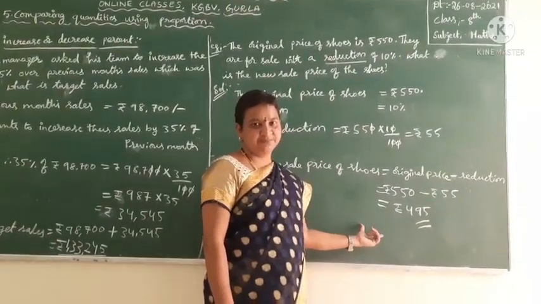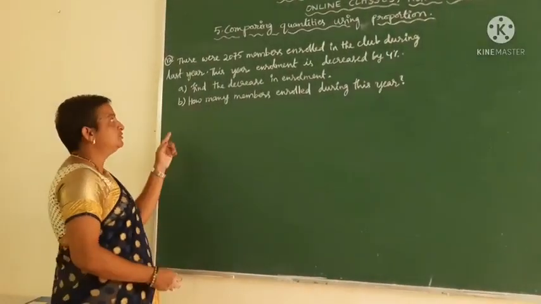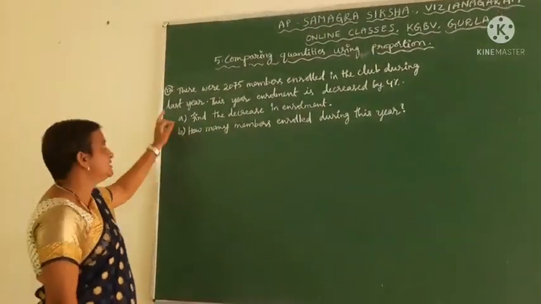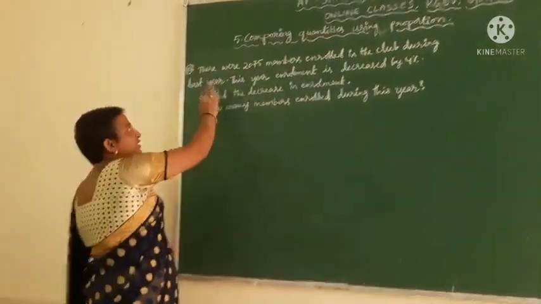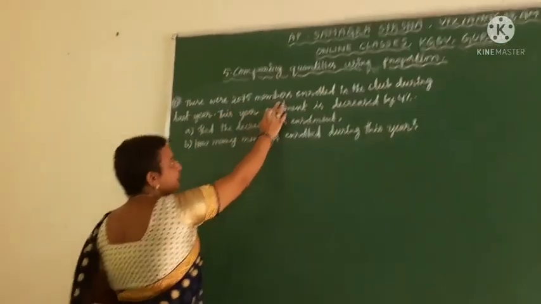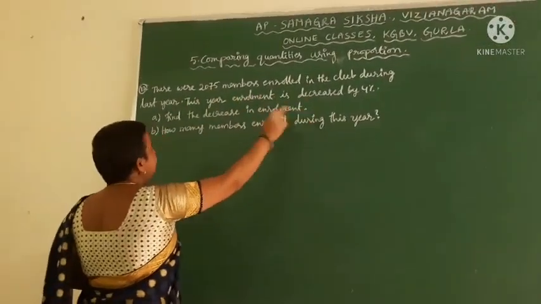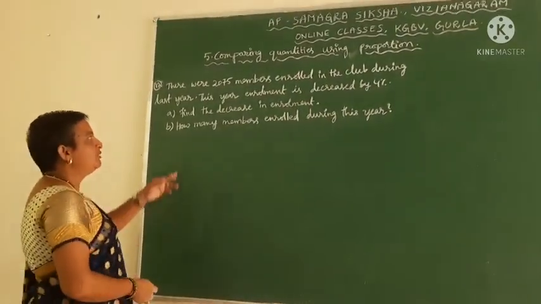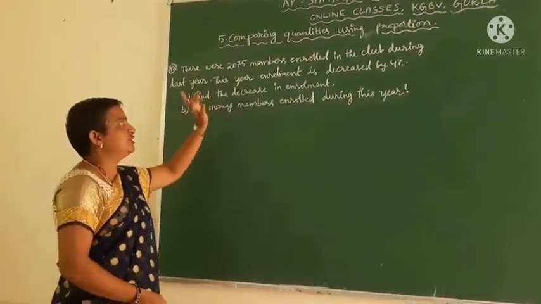Okay, children, now this is the problem in exercise 5.1, exercise 12 problem. There were 2075 members enrolled in the club during the last year. During the last year, how many members are enrolled? 2075.